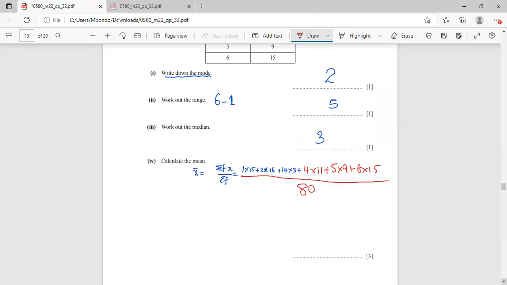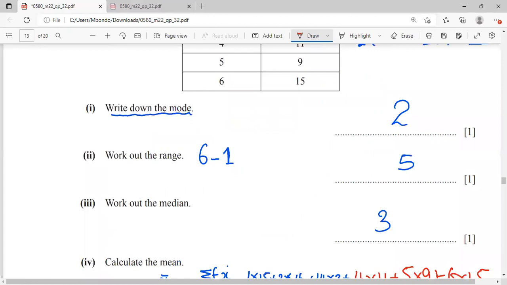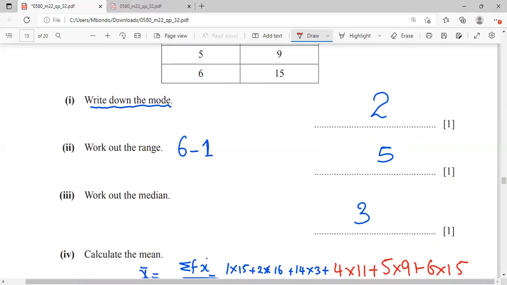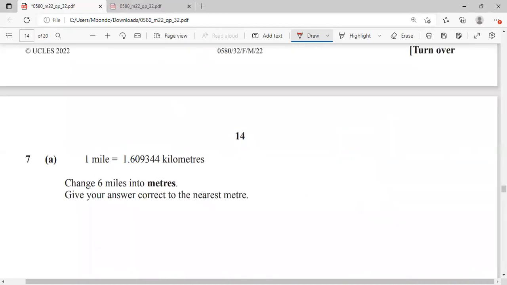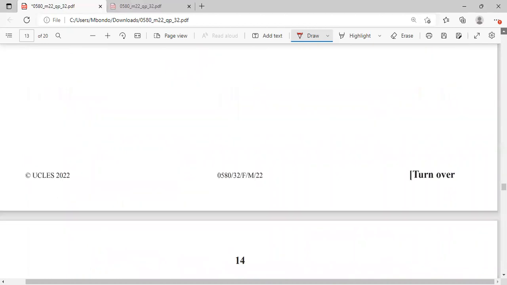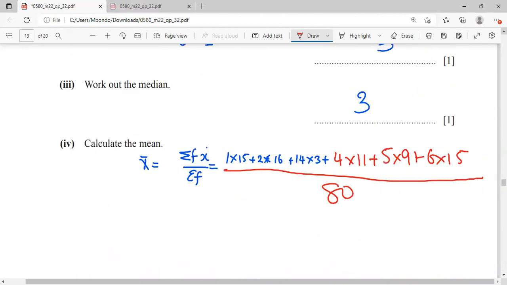So now we work out this on our calculator, or you can actually do this easily without a calculator. So let's calculate. What do we get?